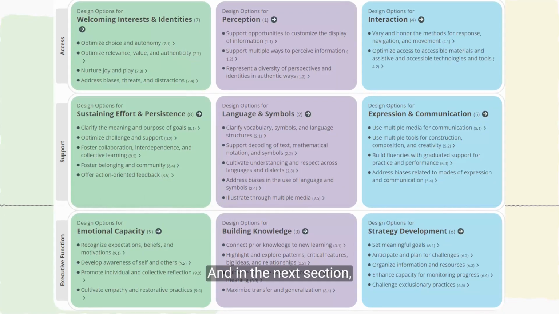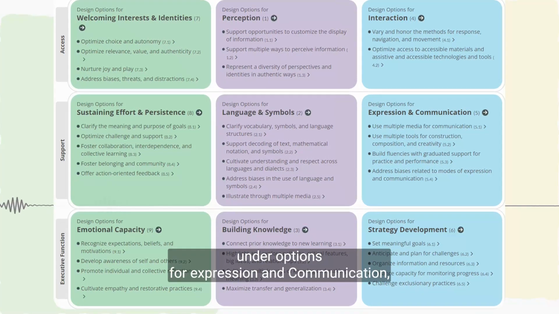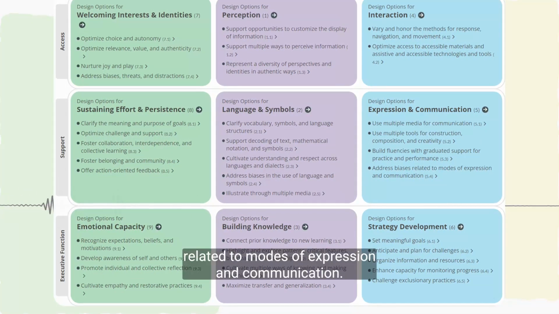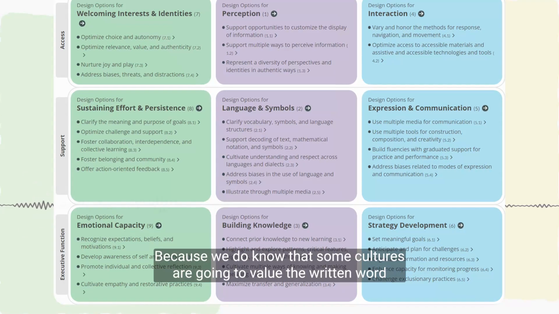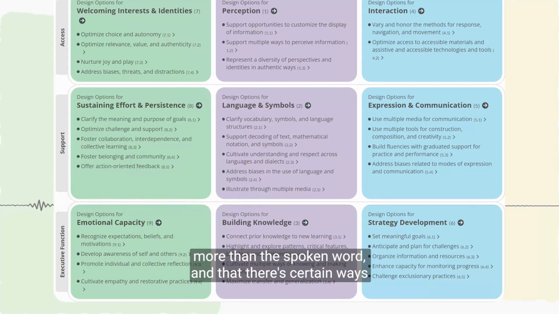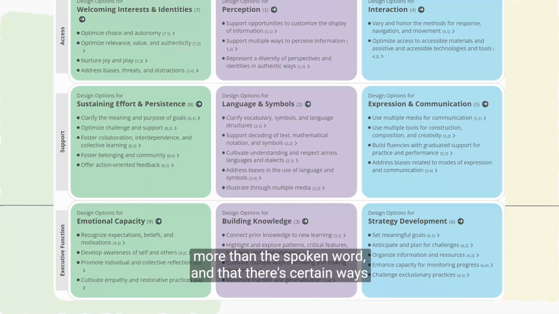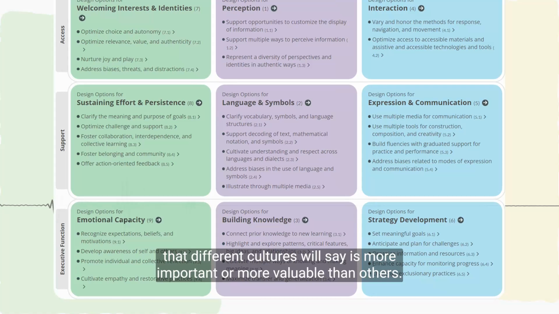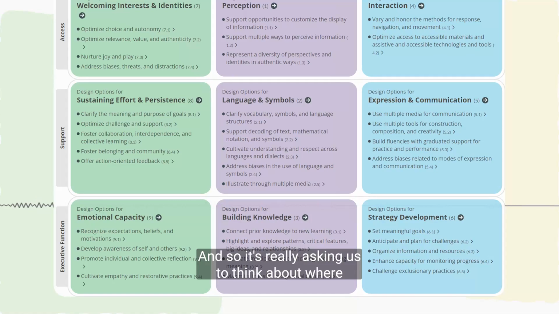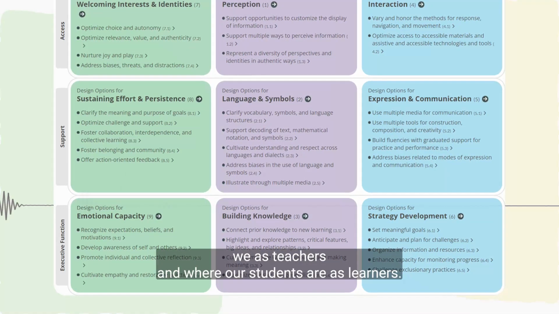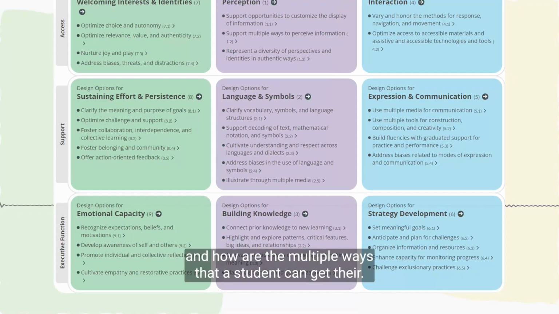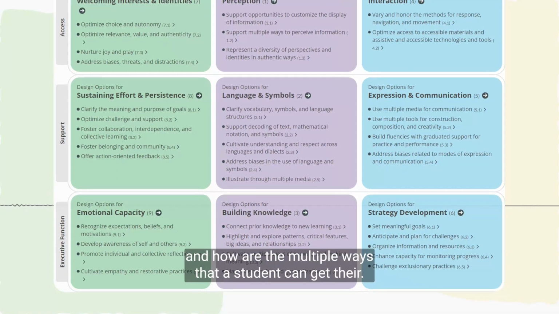And in the next section under options for expression and communication, we see the addition of addressing biases again related to modes of expression and communication, because we do know that some cultures are going to value the written word more than the spoken word. And that there's certain ways that different cultures will say is more important or more valuable than others. And so it's really asking us to think about where we as teachers and where our students are as learners, what we really want, what are our goals, and how are the multiple ways that a student can get there.